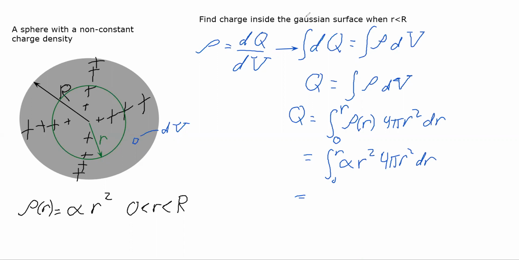Let me take all my constants out: alpha 4 pi, integral from 0 to r, and I'm left with r to the 4th dr. Then I took the integral for that. r to the 4th gives me r to the 5th over 5, and I get my answer: alpha 4 pi, my constants, over 5 times r to the 5th. And that is my charge inside my Gaussian surface.